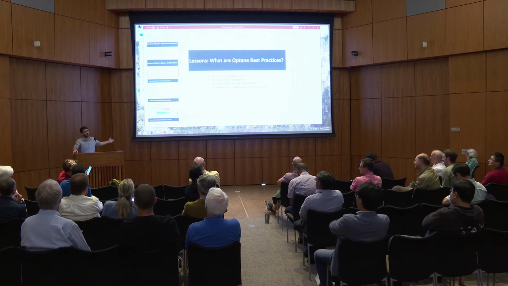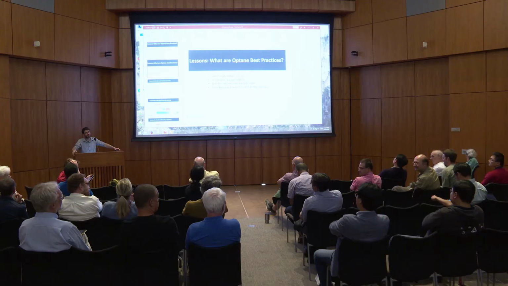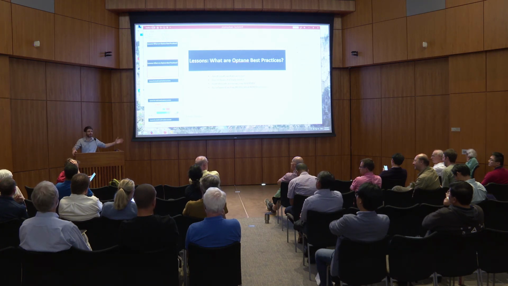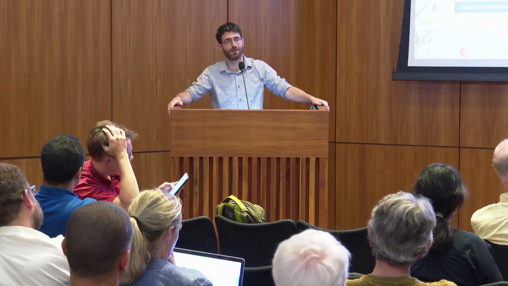Almost all of our experiments were in app direct mode, so we're just looking at the basics. Sure. I think there's an equivalent talk you could give on memory mode.